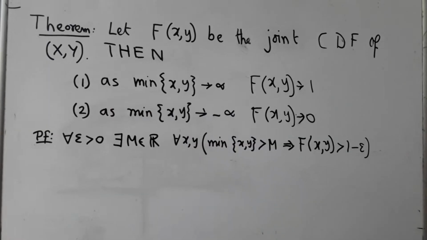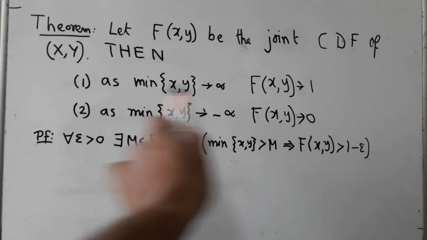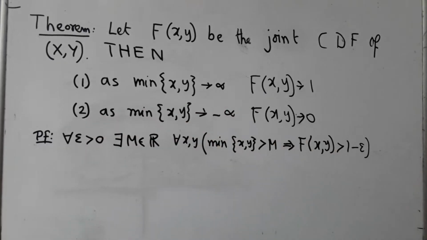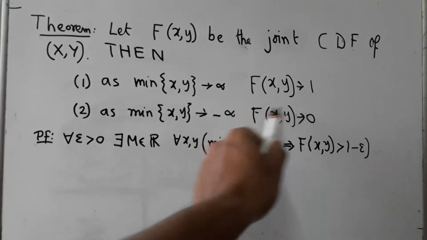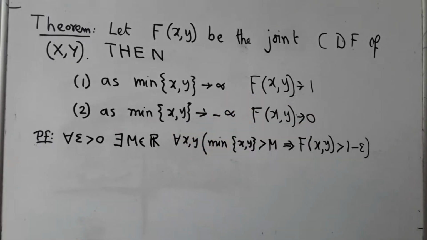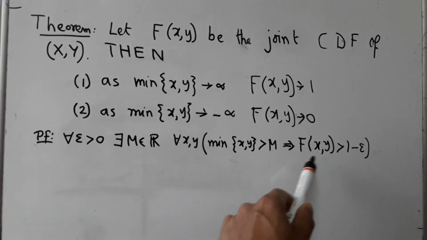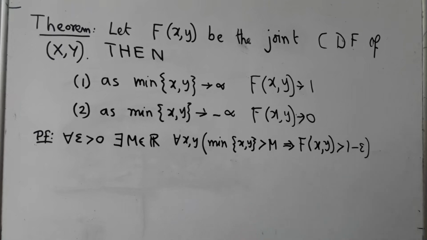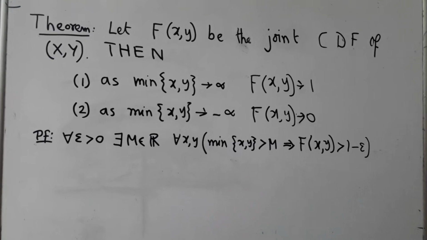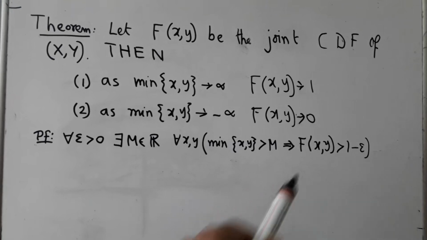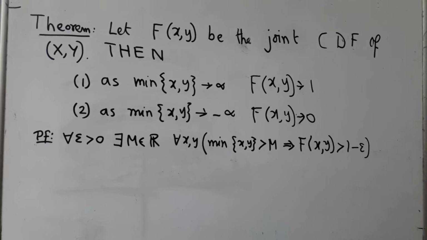Let's try to prove one. I have written down this statement in terms of mathematical logic. I am working with a limit, so Fxy has to go towards 1. So I am writing Fxy greater than 1 minus epsilon. Remember, Fxy is always less than or equal to 1. So Fxy greater than 1 minus epsilon guarantees that Fxy is close enough to 1.